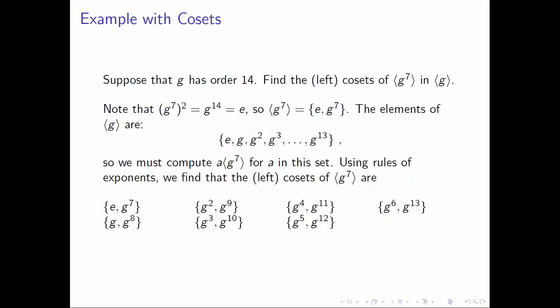Those all belong to a coset already, so there's no need to reconsider. So, all in all, when we look at the group generated by g to the 7th power and the group generated by g, we've got cosets of size 2, and we have 7 of them, which makes for a total of 14 things, which is the number of things in the group.